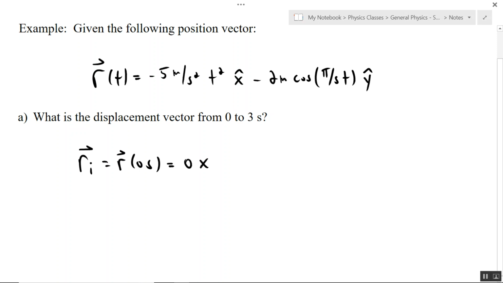It basically means the object starts on the y-axis somewhere, or negative y-axis. So minus 2 meters times the cosine of 0, right? What's the cosine of 0? 1, right?